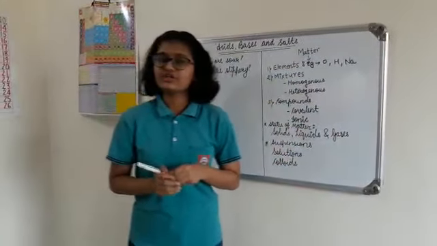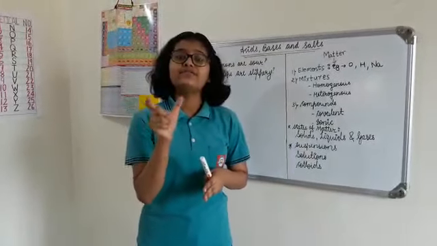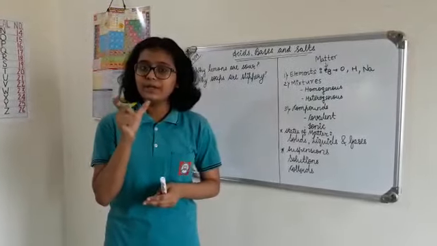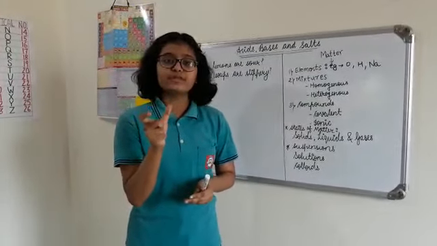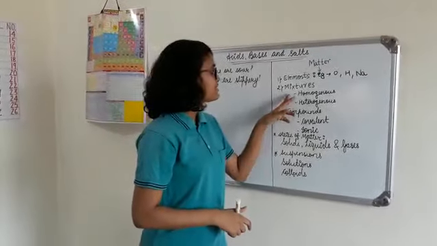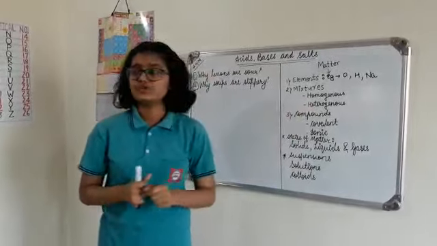Mixtures. Mixtures are made up of two or more substances combined physically. The word physically is most important because we get confused whether they are combined chemically or physically. Then mixtures are further classified into homogeneous and heterogeneous.